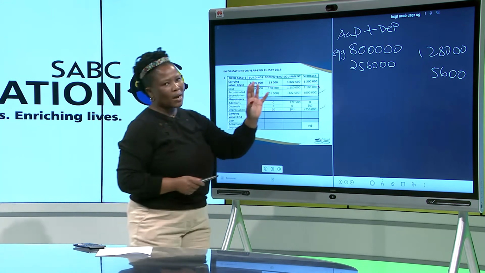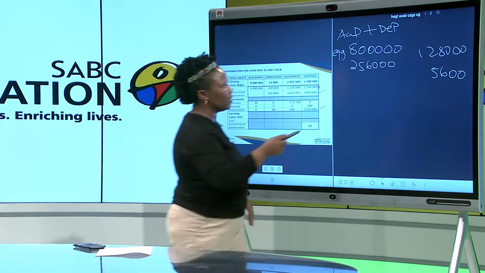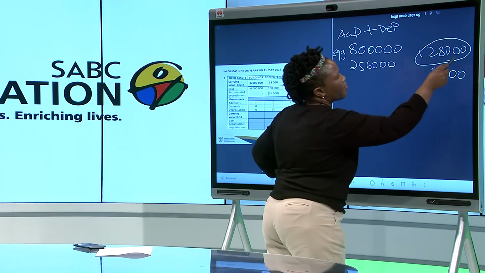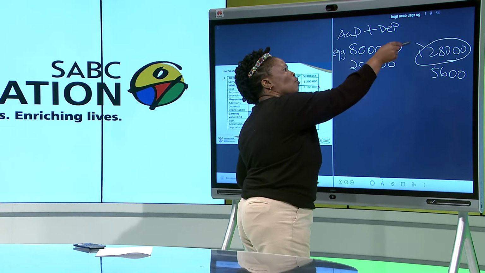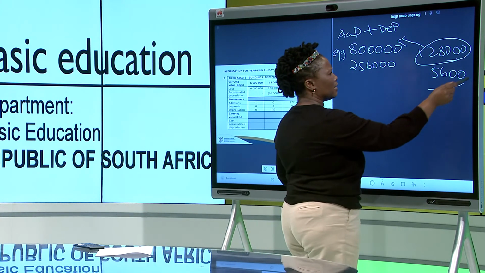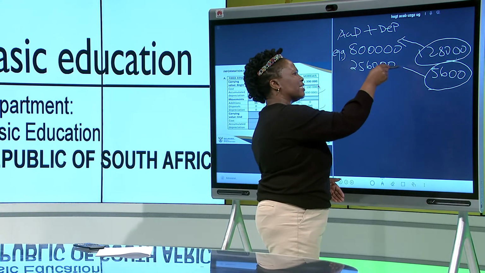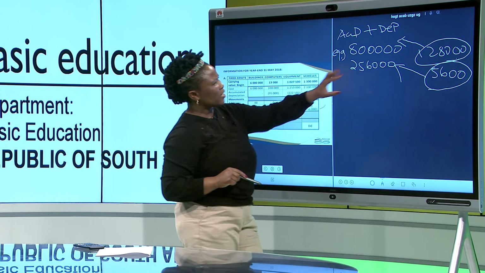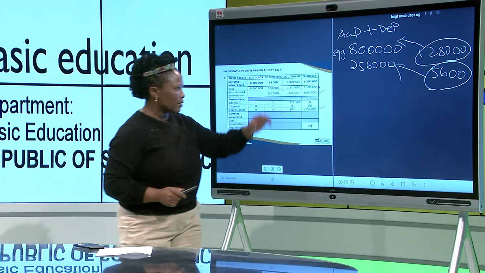When you look at this 128,000, it is the depreciation at the beginning of the year, and it is included in this value. The 5,600 rands also is the current depreciation, and already it is included in this depreciation that has been provided to us.